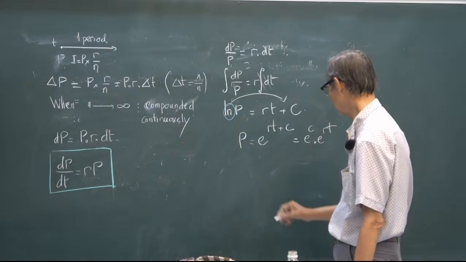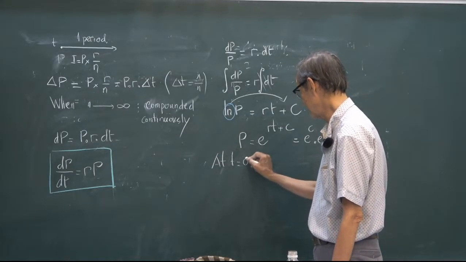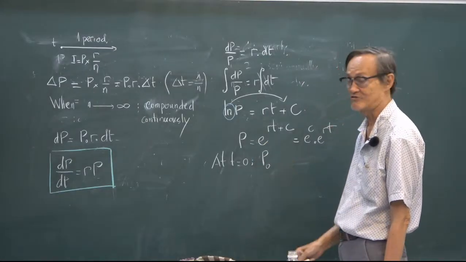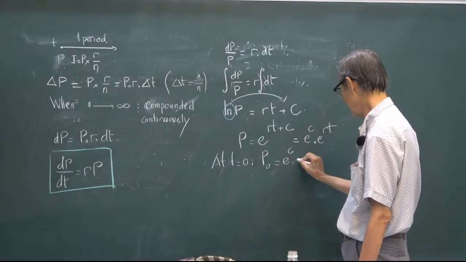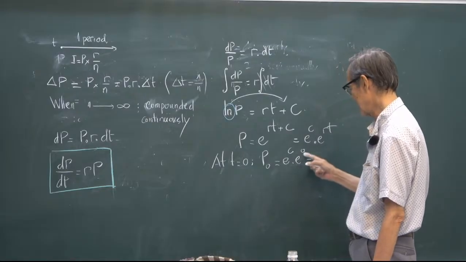Now at t equals 0, we have P is P0 and e power c times e power 0 is e power c.